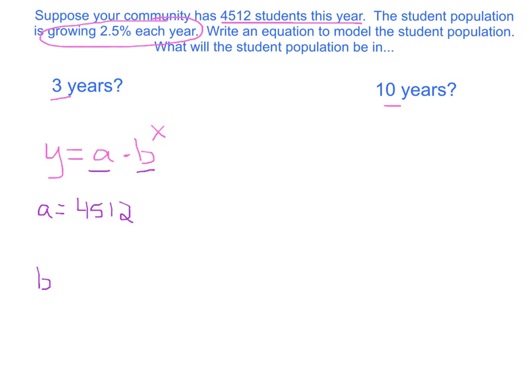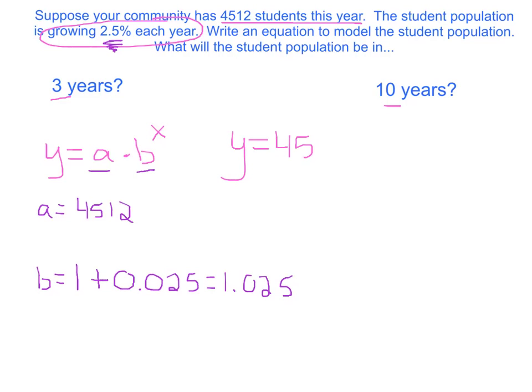And then b, it's increasing at a rate of 2.5%, but b has to be greater than 1, so we're going to do 1 plus 2.5% as a decimal, 0.025, which equals 1.025. So, to write my equation, y equals 4,512 times 1.025 to the power of x.